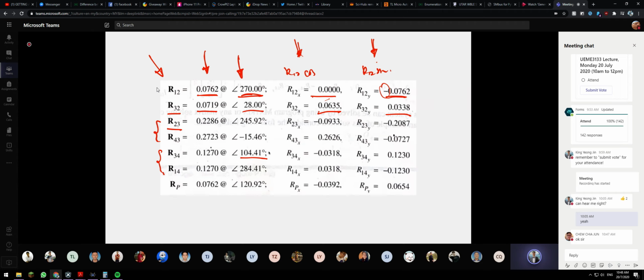That's why we follow the theta 4, because it's 0 degree. Okay, so R14 you have to find the opposite one. And then RP is given, so we can find x, y.